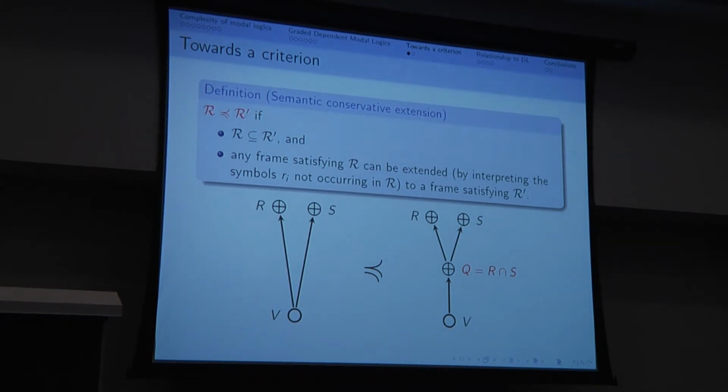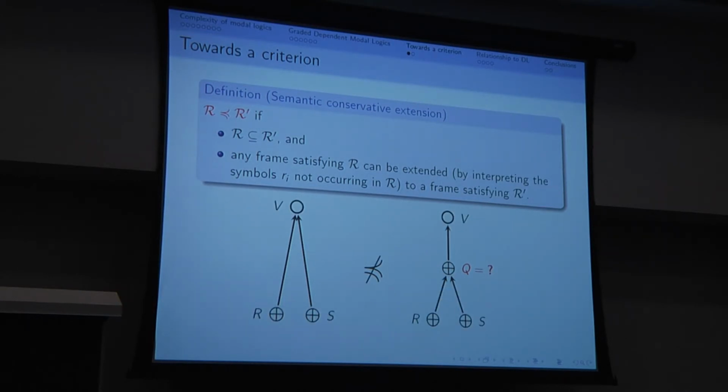However, if we flip this picture upside down, then the answer is no. You can easily build two transitive relations on some set W, which are transitive, but their union is not transitive, and take V to be their union.